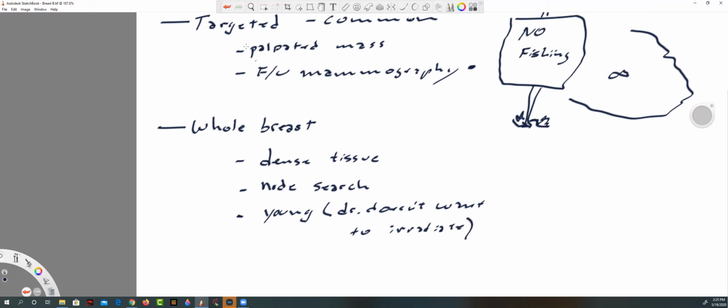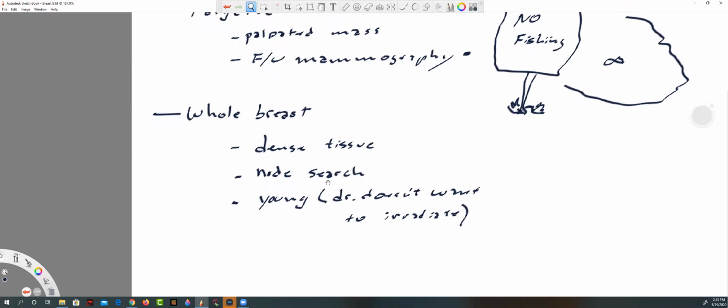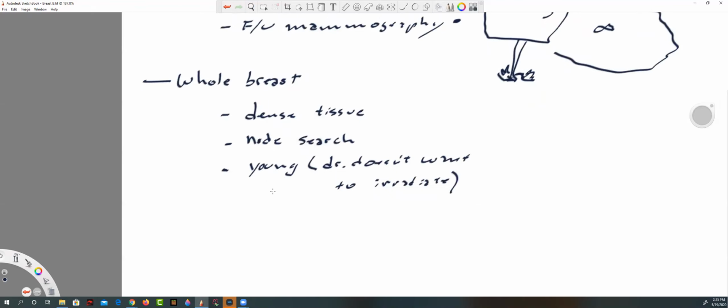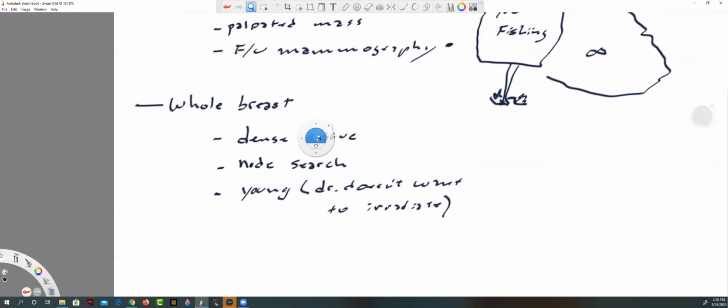And the chances are overwhelming that a young patient, it is very, very, very rare, not impossible, but very rare for young women to get breast cancer. So doctors are a little more forgiving of doing a whole breast exam, skipping mammography, and just doing an ultrasound exam on younger patients because the chances of them having cancer are so small to begin with.